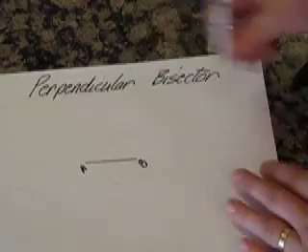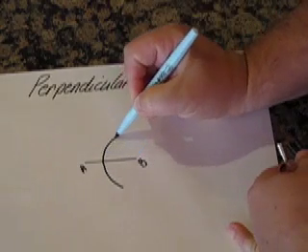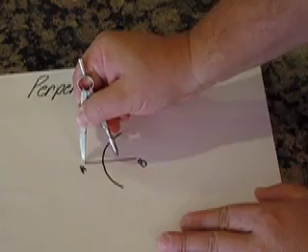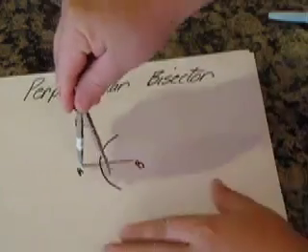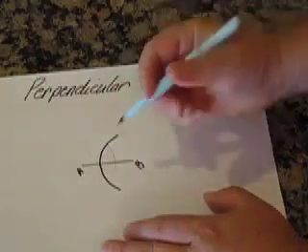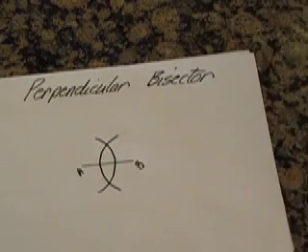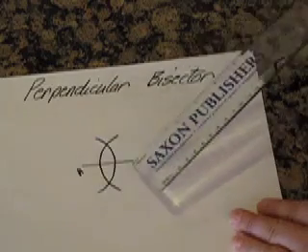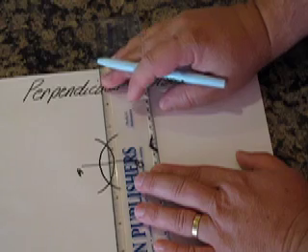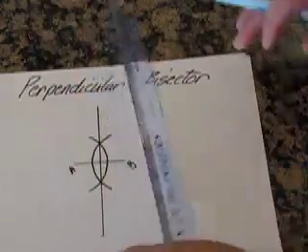So every point on that curve that I just made is the same distance from B, and then if I turn around, not changing my compass at all, and put the point on A, then I can make those marks like this, and every point on this curve is the same distance from A. So where they intersect, this point is the same distance from A and B, and this point's the same distance from A and B, and if we connect them, we come up with what is called a perpendicular bisector.